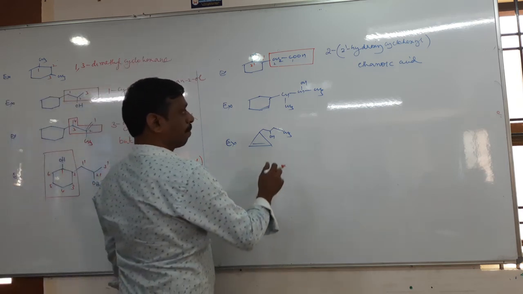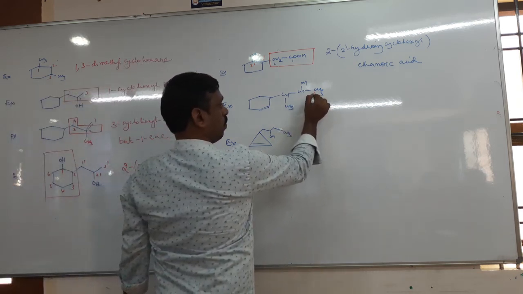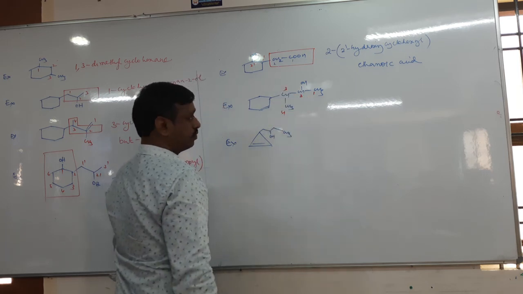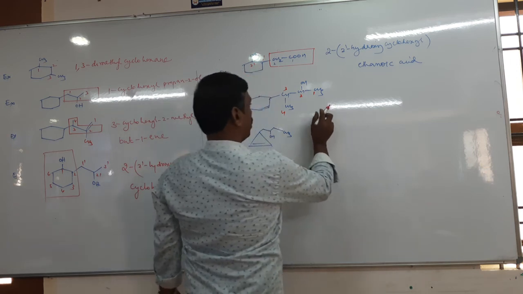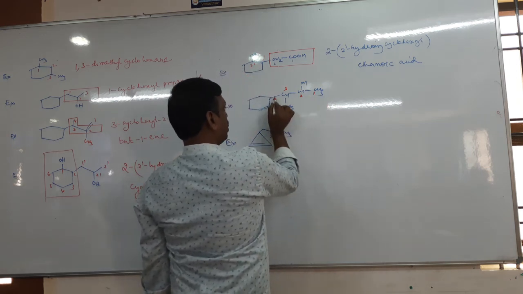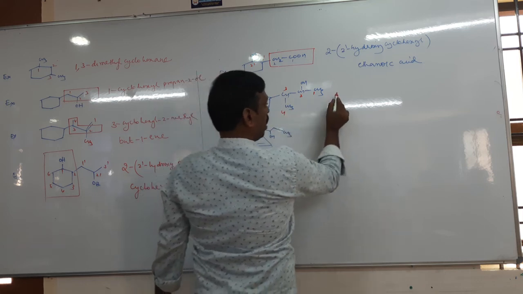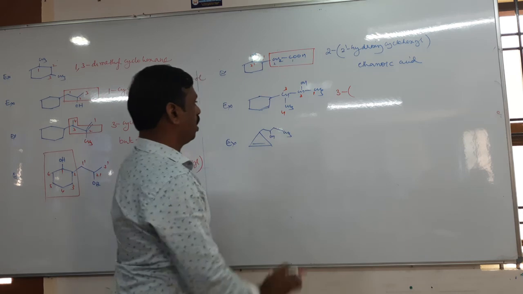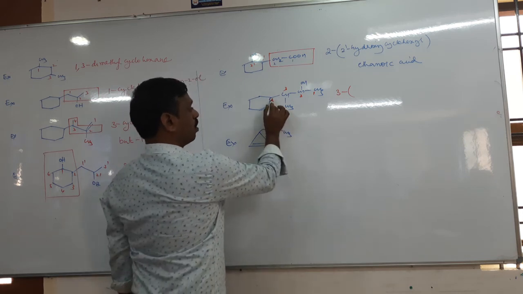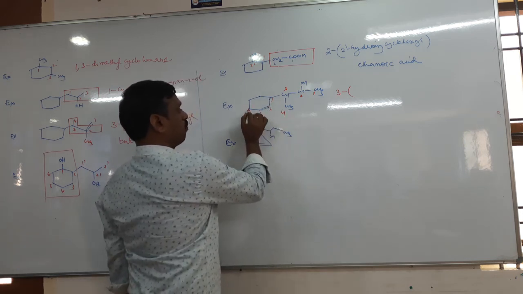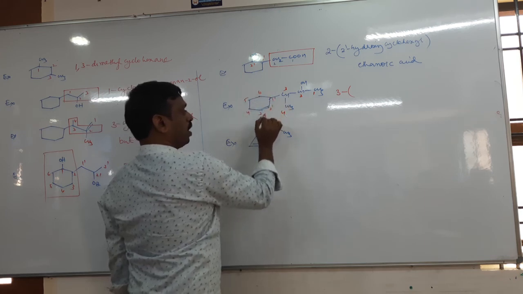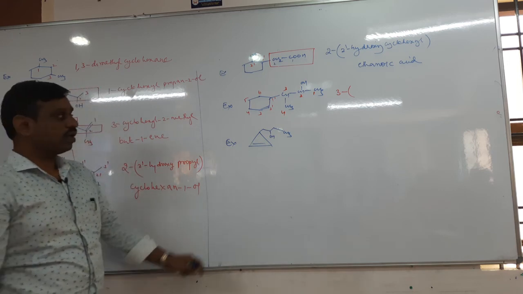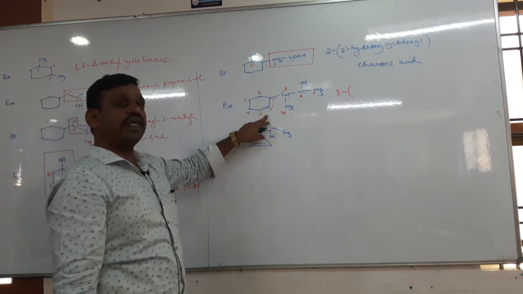So tell me here, it is 1, 2, 3, 4. It is an alcohol. Now this is a substituent, right? On the third carbon, tell me. 1, 2, 3, 4, 5, 6, no, 1 prime, 2 prime. Tell me, it is a cyclohexene.